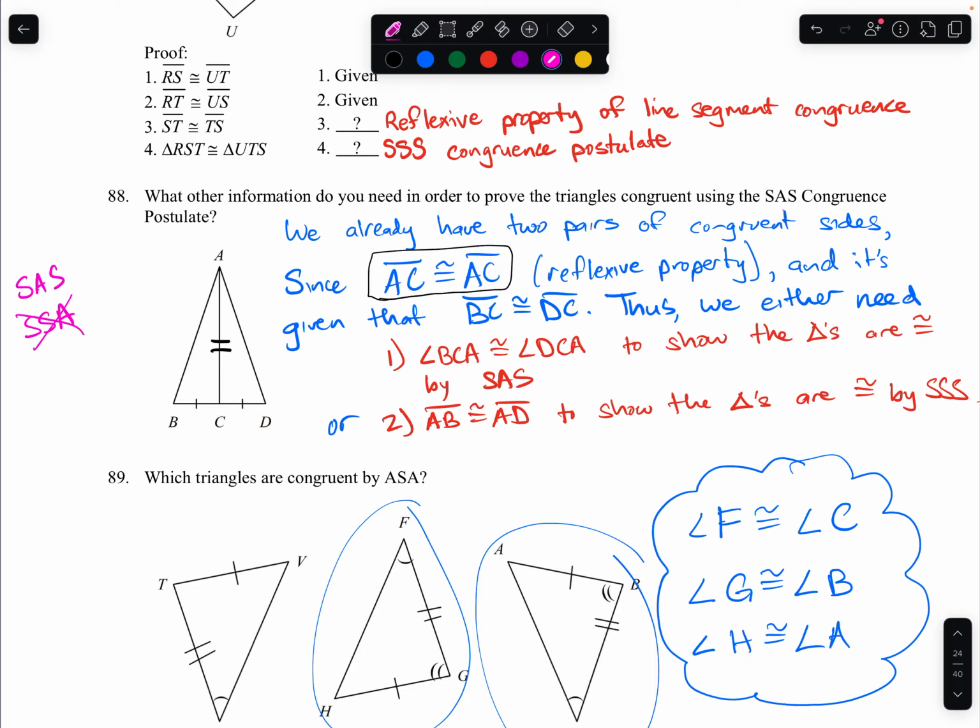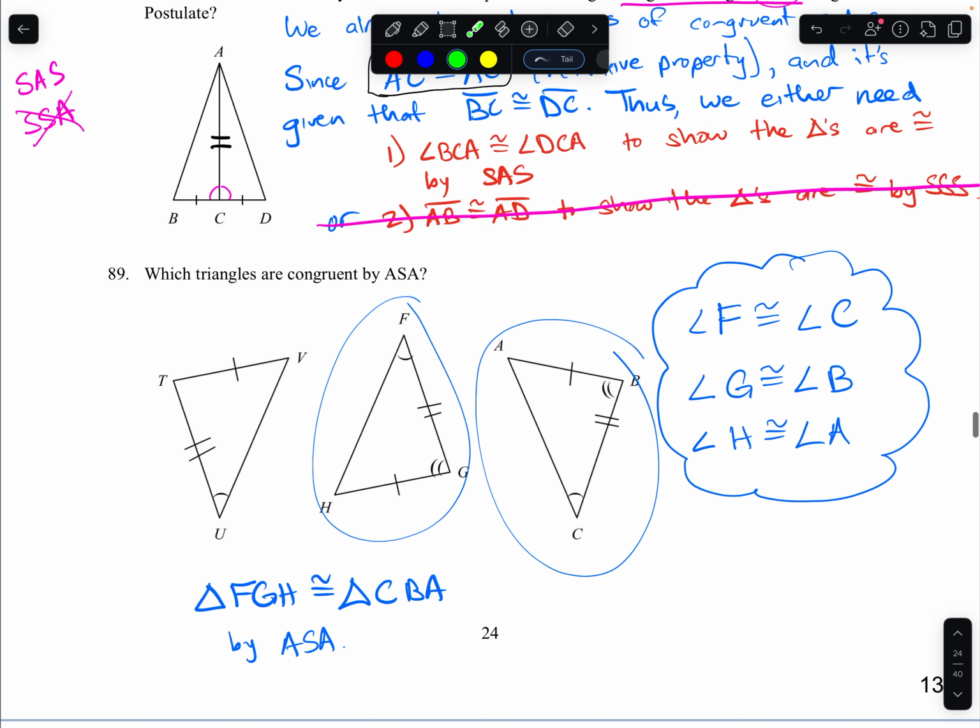Actually, there's a typo in here. There's no or. It's asking us to prove it this way. So we need to know that this angle is congruent to this angle in order to have side angle side.